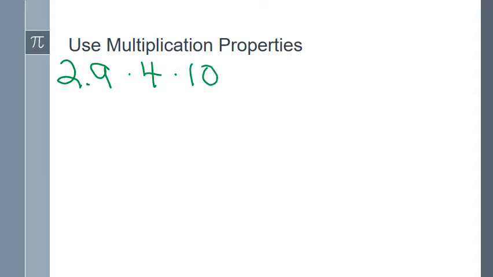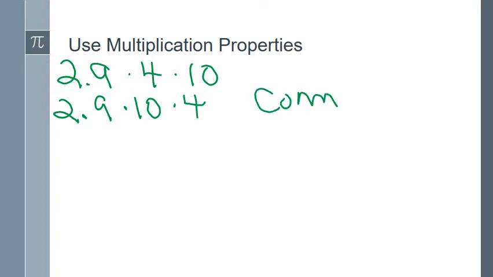Well, the commutative property says it doesn't matter what order I multiply things in; it's not going to change the product. So I'm going to rewrite this as 2.9 times 10 times 4. That's an example of the commutative property.